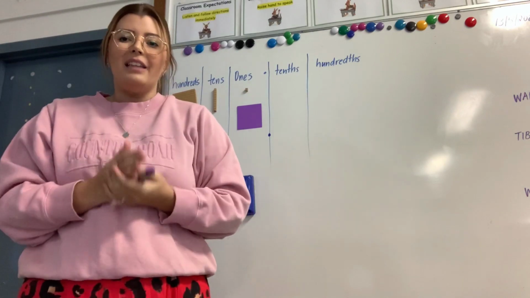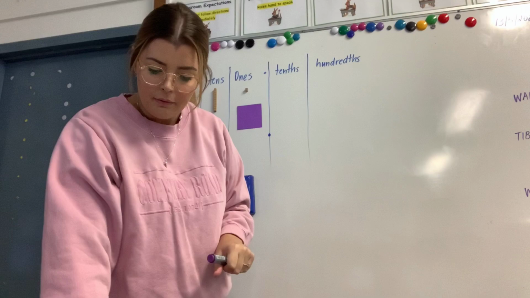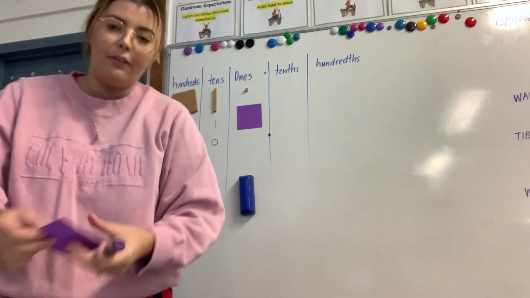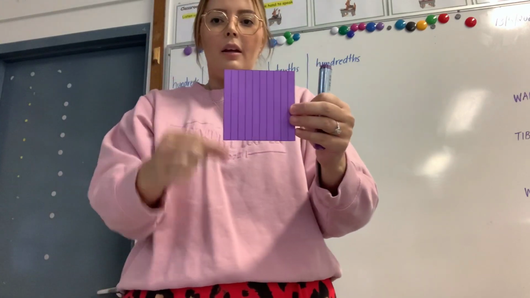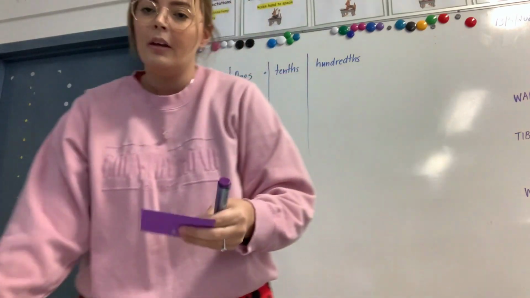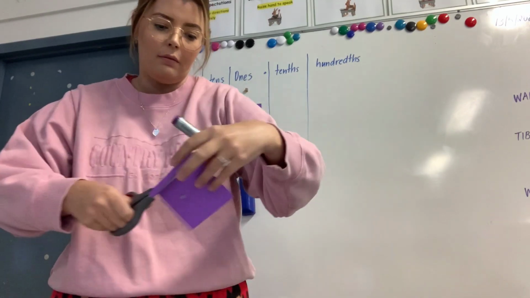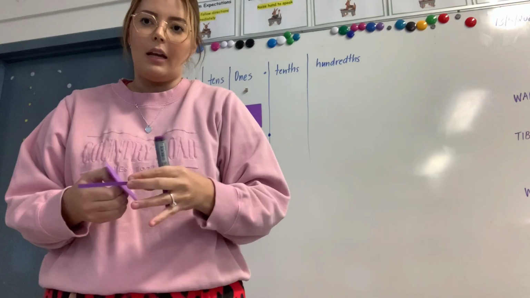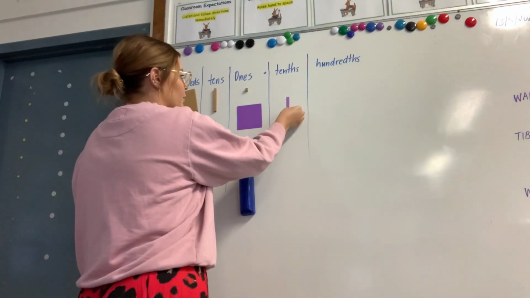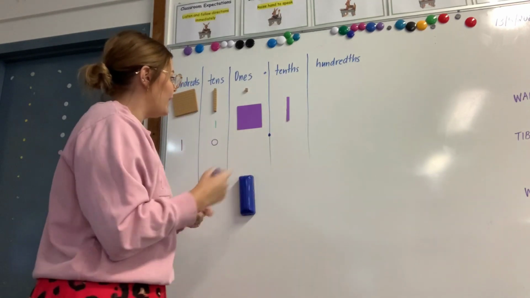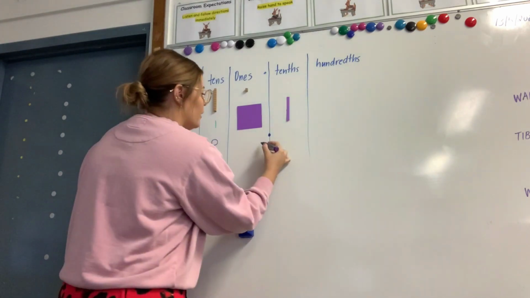So to get tenths, that means I need to get 10 times smaller. I have done this one, which you have seen in your booklet this week, okay? So it is cut up into 10. To get 10 times smaller, it becomes a tenth. Okay, so now this is a tenth on this side.